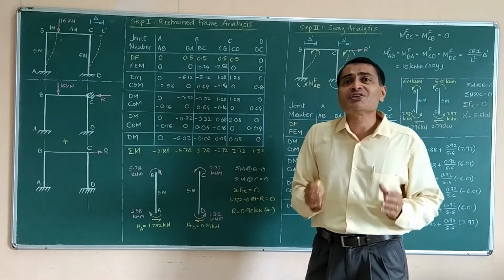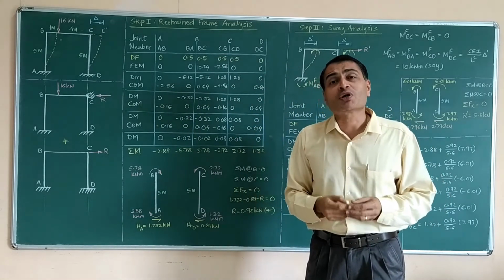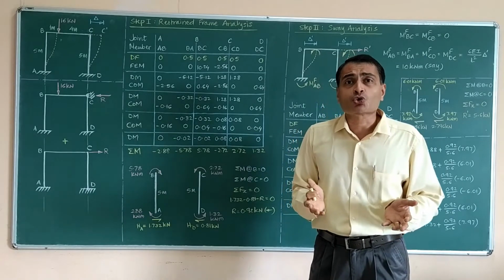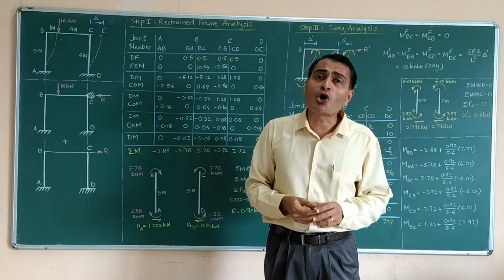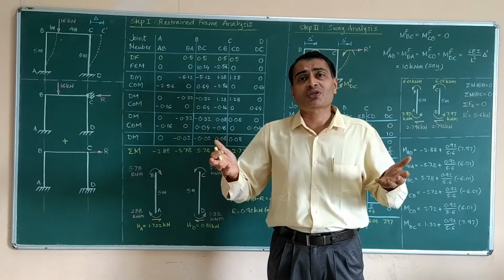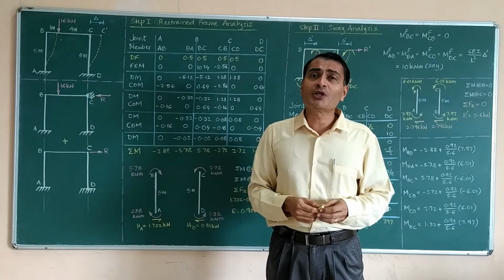Now, how to analyze a sway frame using the moment distribution method? What is the methodology? So naturally some of you may feel that we have already solved sinking of supports in case of continuous beam problems. What did we do then?